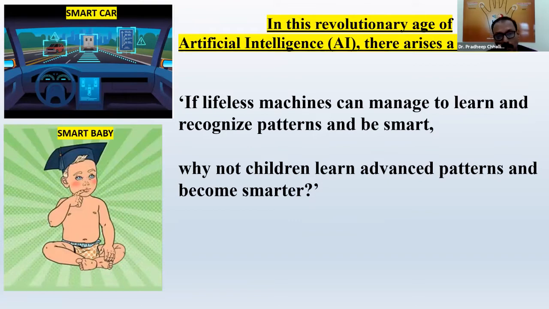This is possible because these lifeless machines are programmed to look at the patterns and sense the pattern of traffic and then respond accordingly. So the question we often ask is, if lifeless machines can be taught to recognize patterns and become smarter, why not children also learn advanced patterns and become smarter?